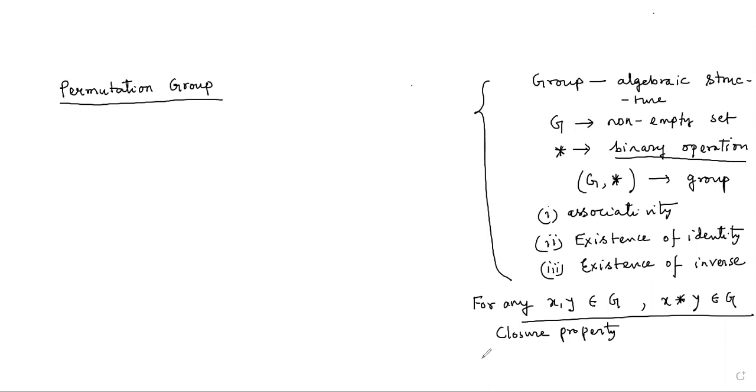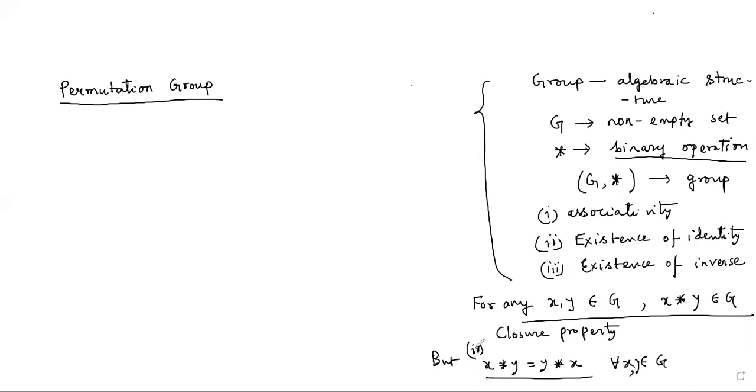Not every group is a commutative group, but if for some group one extra property is satisfied, for example, x star y is equal to y star x for all x, y belonging to G, then one extra property, let us number it by 4.